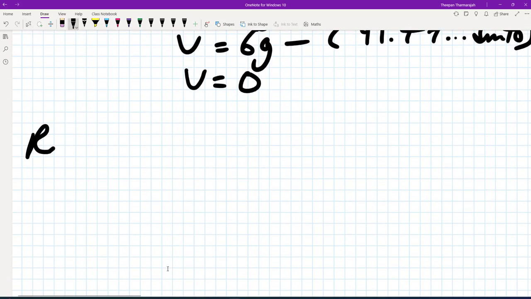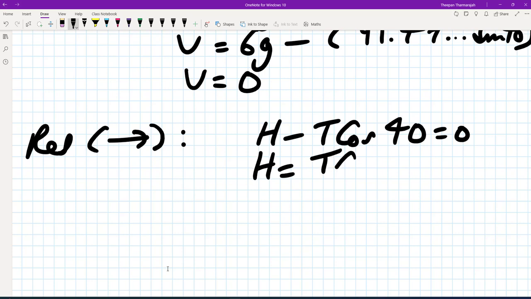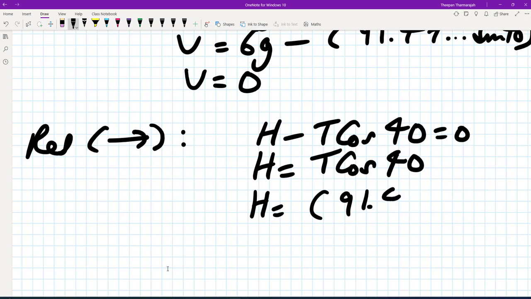So horizontally, we're going to say the following. H minus T cos 40 equals 0. H equals T cos 40. So we get 91.476 and so on, cos 40.